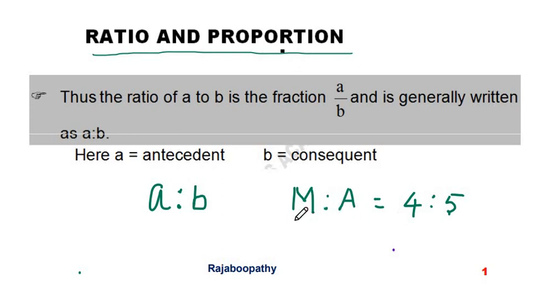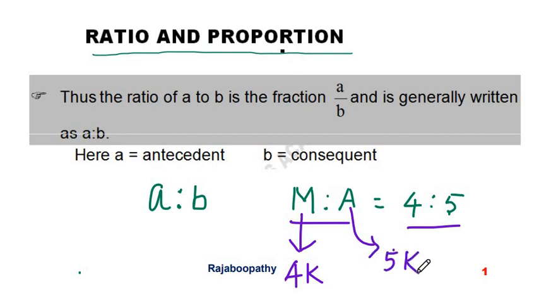So generally, whenever we have a ratio, the next step you have to keep in mind is that the cost of a mango is 4k and the cost of an apple is 5k. Here k is the constant of proportion, the ratio constant.